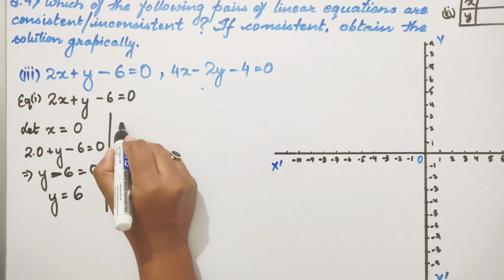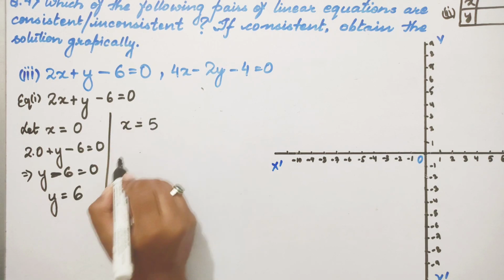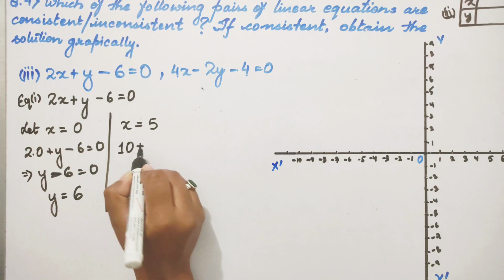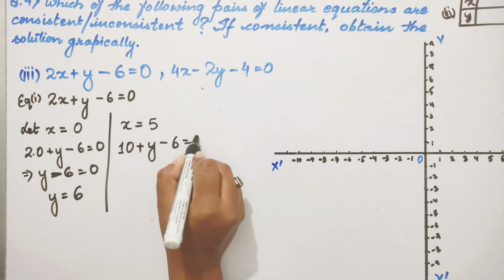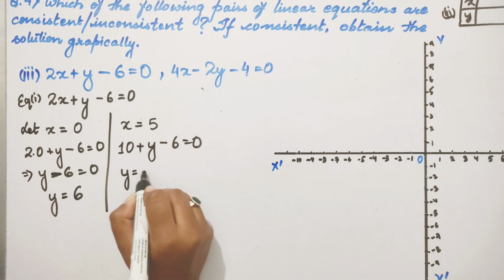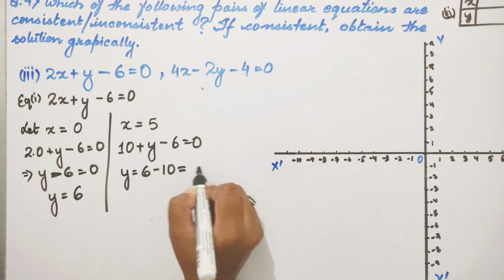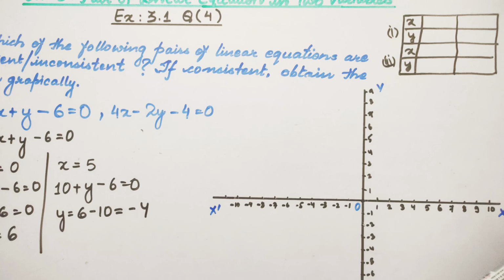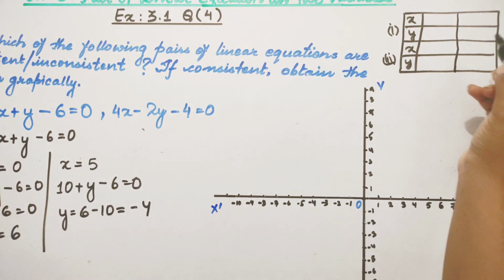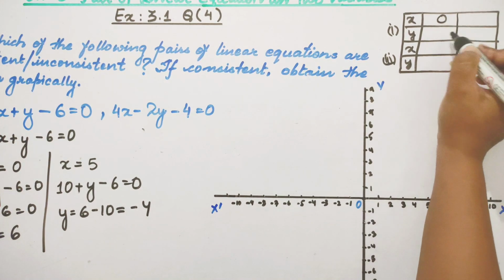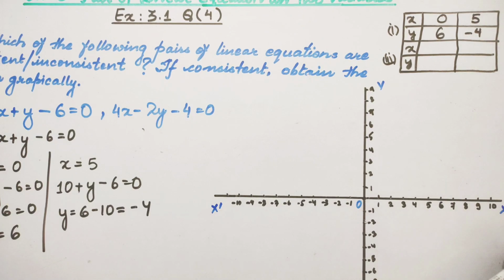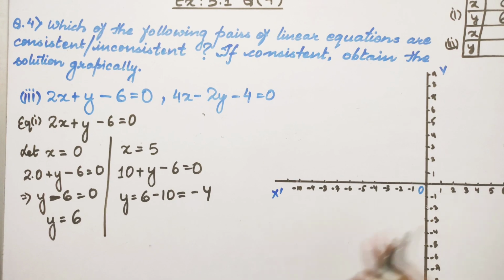Next, let us take x equals to 5. It will give us 10 plus y minus 6 equals to 0, or y will be 6 minus 10, which is minus 4. So when x equals to 0, y is 6, and when x equals to 5, y is minus 4.